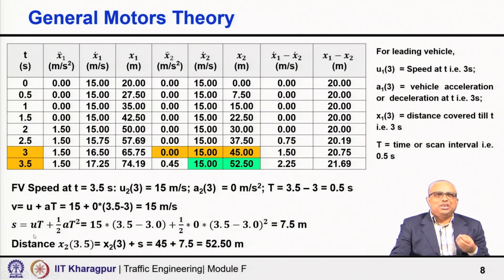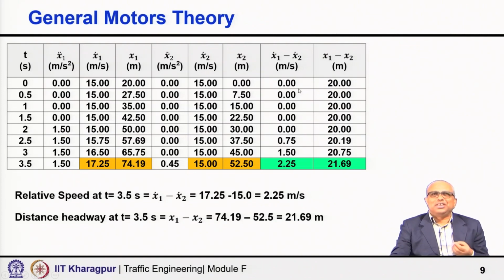So, you can get v, and you can get s using the formula s equal to u t plus half a t square. Once you get this s, it will be 45 plus s, and once you get the speed, that is going to be used for the calculation of the other values. That way the whole calculation is explained.